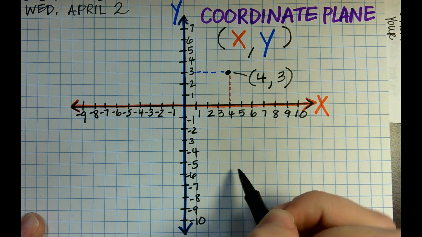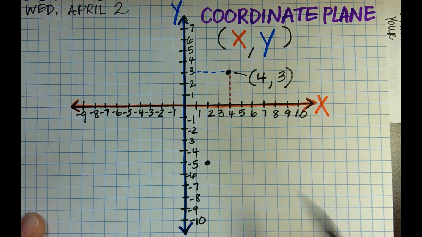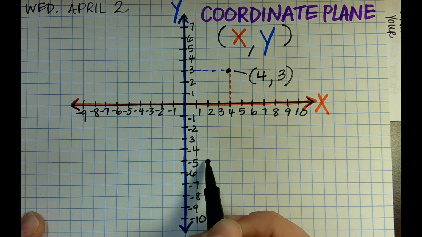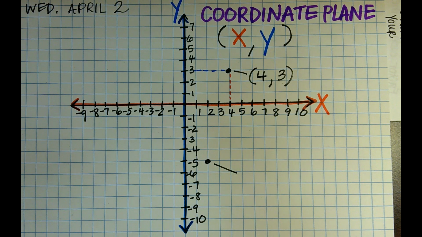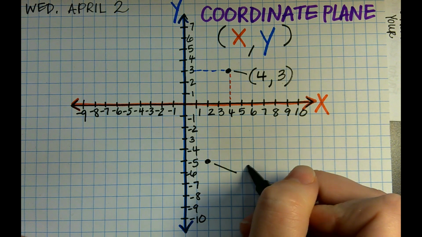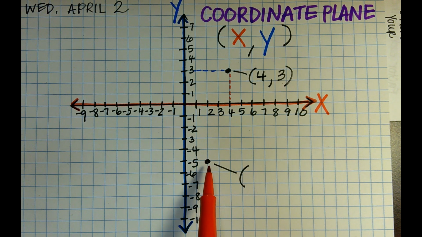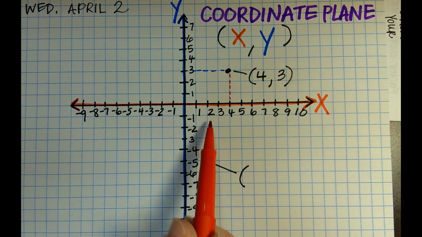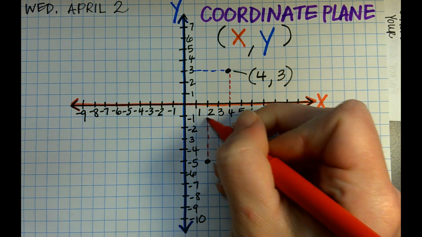What if I did something down here? Which value should I look at first? The x value. So where does this point line up on the x-axis? +2. Good. And you don't have to draw these dotted lines.